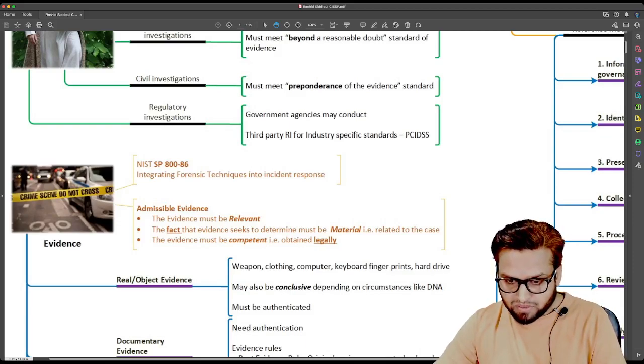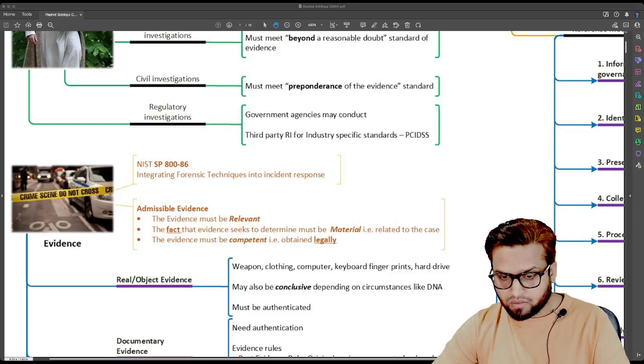It should not be some irrelevant point. The fact that the evidence seeks to determine must be material, that is, related to the case. So being material means it should be related to the case, and relevance means it should be relevant to the point being discussed. This is the distinction here.